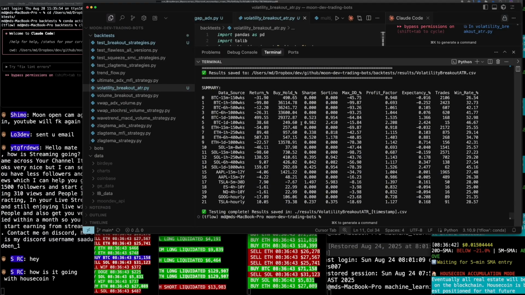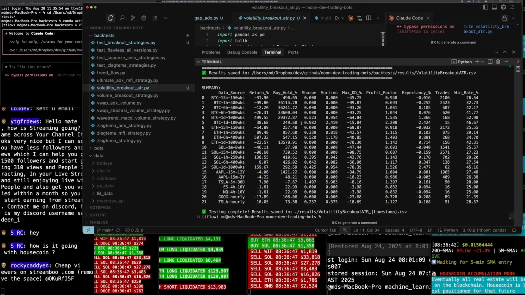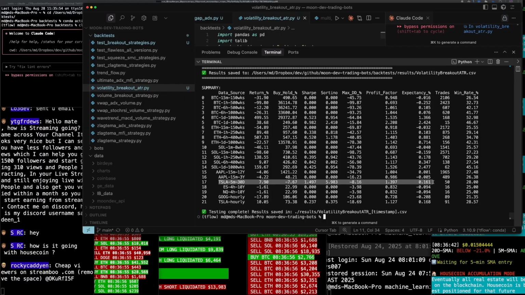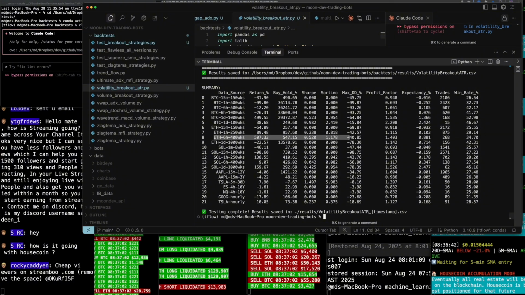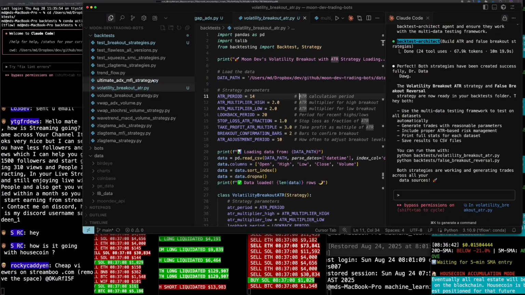So this is not a bad strategy. I mean, way better than the one we were doing this morning. You may have missed that. Still nothing great though, except this Tesla 5-minute looks good. The Sharpe looks good here, six Sharpe. This ETH 6 hour 400 weeks looks okay. So I'm not going to spend too much time on that. You can see how it tested with so many different data sets.